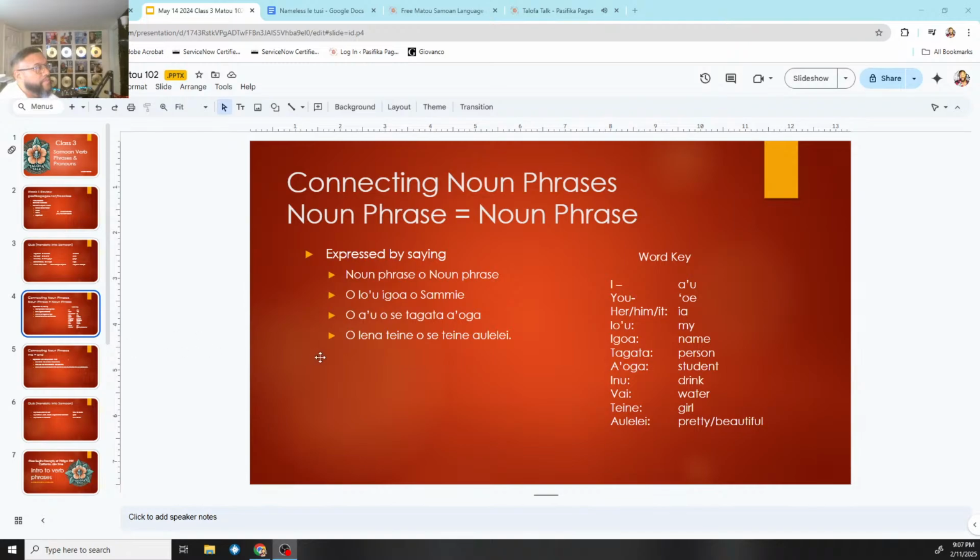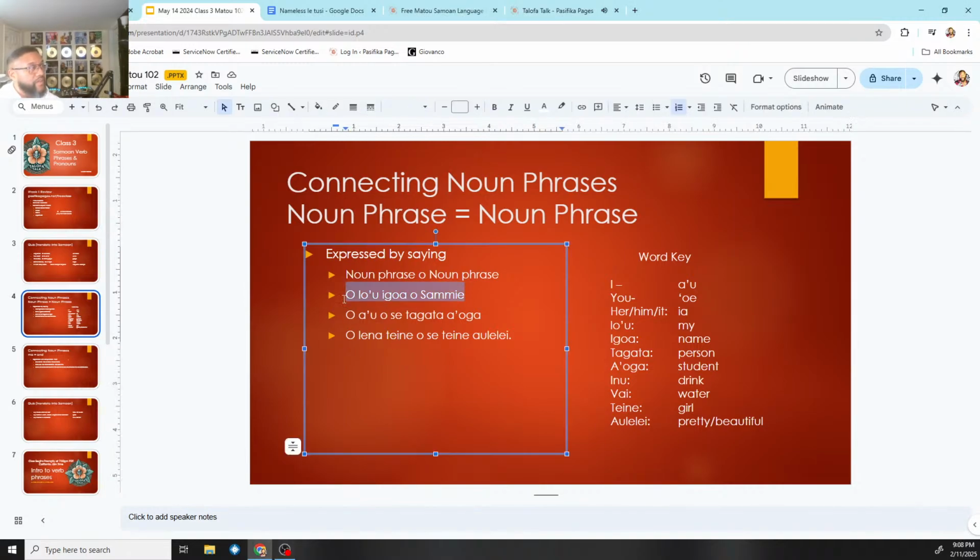But, all right, so when we connect phrases, for example, this is a common one. If I were to say, I'll put my name right there, Viliamu, William. If I say Olo'uingoa, that means my name is.